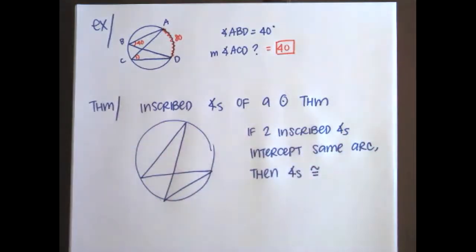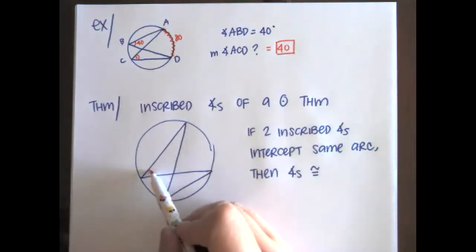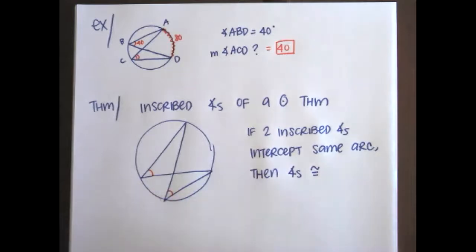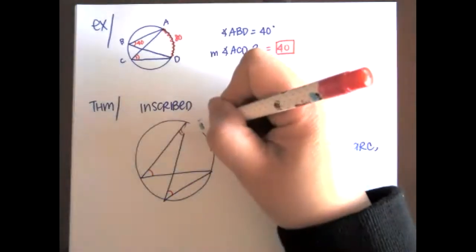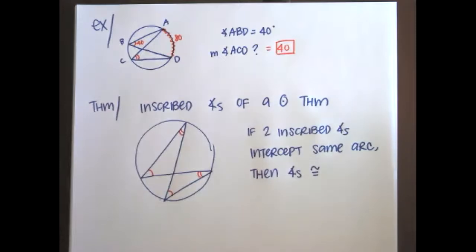That makes sense. So that means this angle is going to be congruent to this angle. That also means this angle is going to be congruent to this angle. What do we know about those triangles? Ooh, interesting. These triangles are similar triangles. Yes, thank you, Kira. They're similar triangles because they have angle, angle.